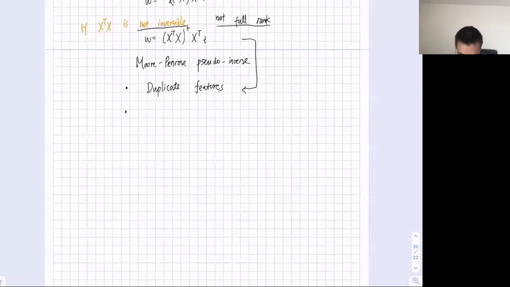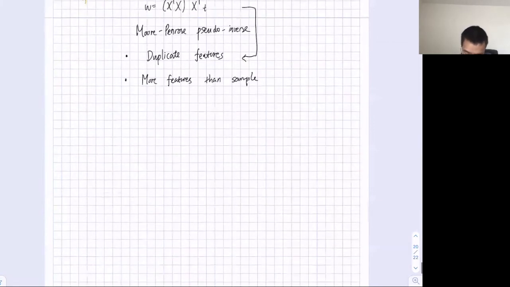But the other case is you have more features than samples. In the usual case, our X is a tall matrix. We have a lot of data samples, and for each data sample, we have a few features.